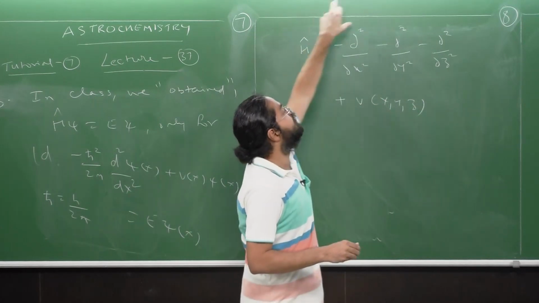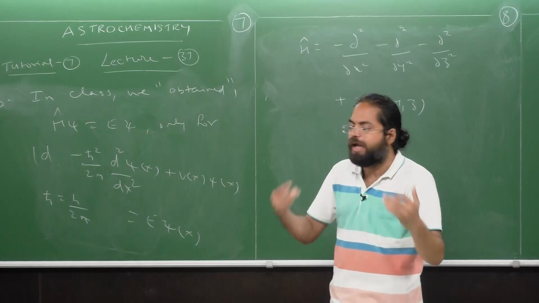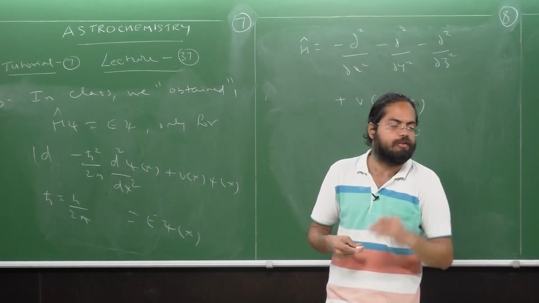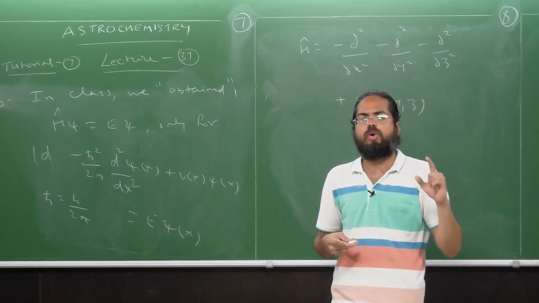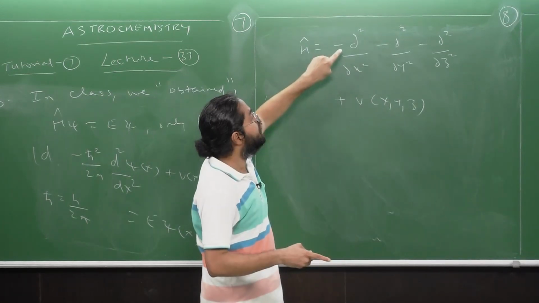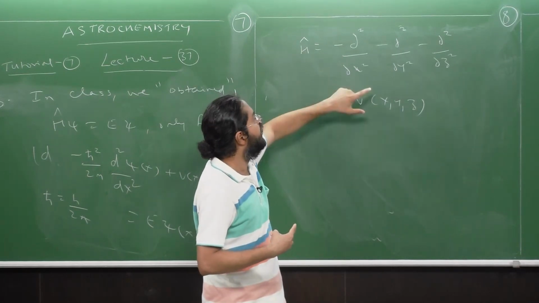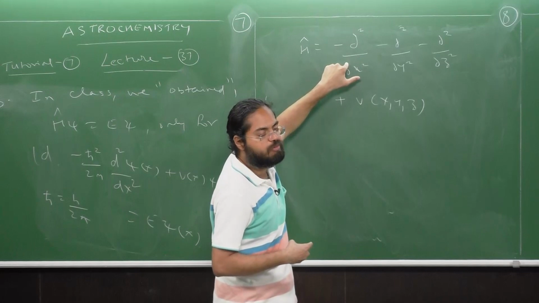Therefore, all these 3 terms have to be taken together to represent the Hamiltonian for a 3-dimensional system. And note one interesting part, because motion along the x-axis is independent of motion along the y and z directions, we have what are called partial derivatives here.